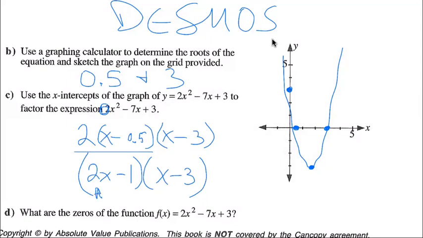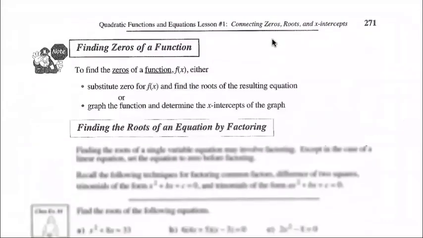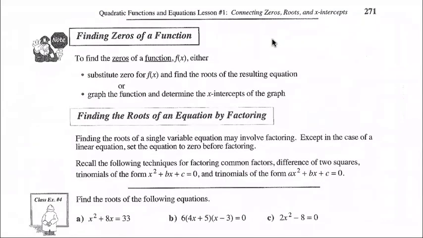Question D, what are the zeros of the function? 0.5 and 3. Roots, zeros, x-intercepts, all the same thing. To find the zeros of a function, you either substitute 0 for f of x, which is y, or you graph the function and determine the x-intercepts.